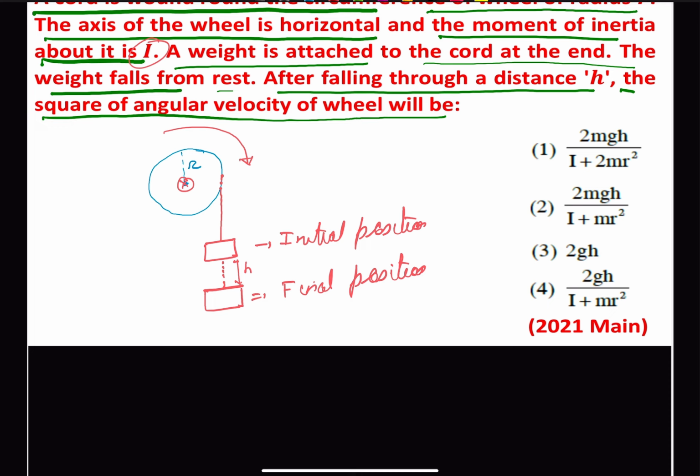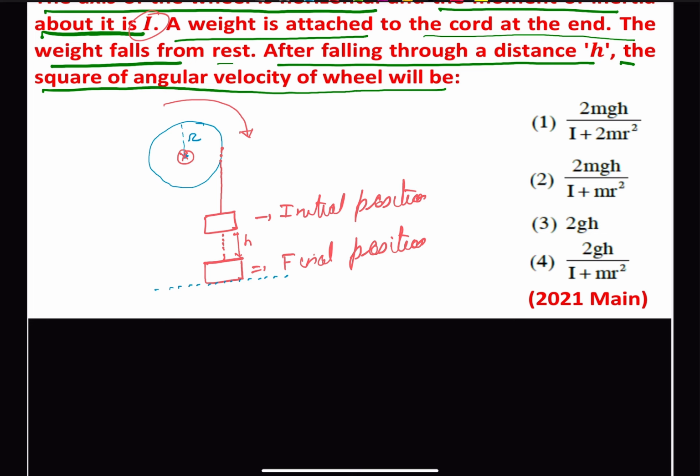We assume that the final position is at the ground level, such that at the final position the potential energy is equal to 0, and at the initial position its potential energy will be equal to mgh.